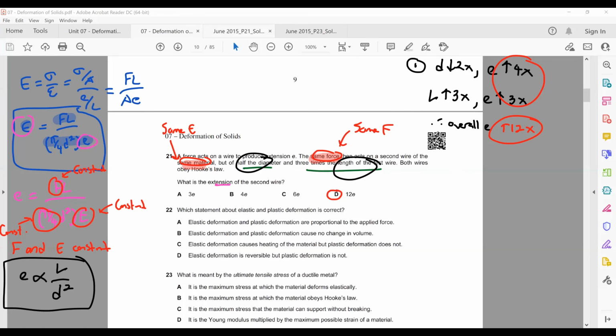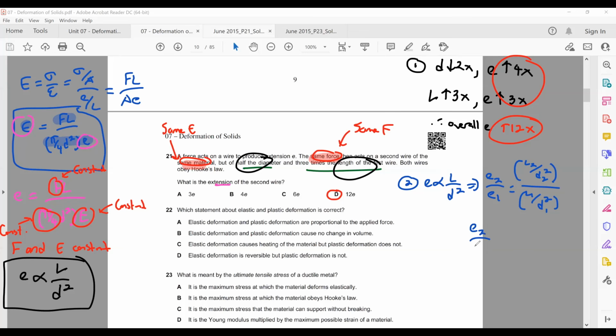What if I try to use a different method, where I actually calculate it out? Because E is directly proportional to L over D squared, I can say E2 over E1 is the same as L2 over D2 squared over L1 over D1 squared.